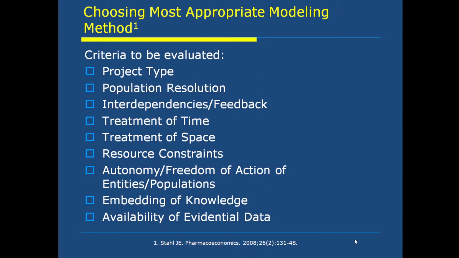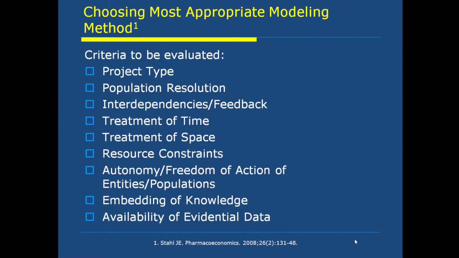To choose the most appropriate modeling method, we need to evaluate the next criteria shown on this slide. First of all, we need to understand the project type. Then we need to set up population resolution.